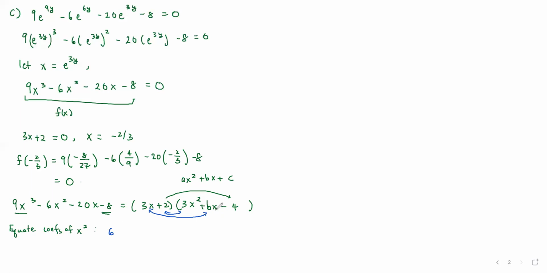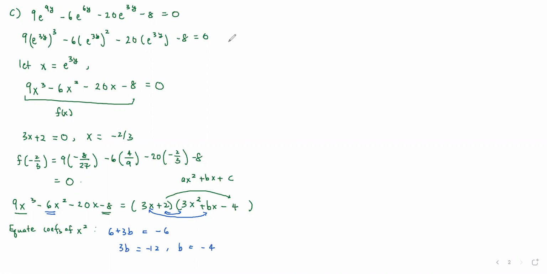We just need the coefficient. bx times 3x, you have 3bx squared. So sorry, this is 3b here. So you have 6 plus 3b, and that would be negative 6. So 3b is negative 12, and we verify that b is negative 4.